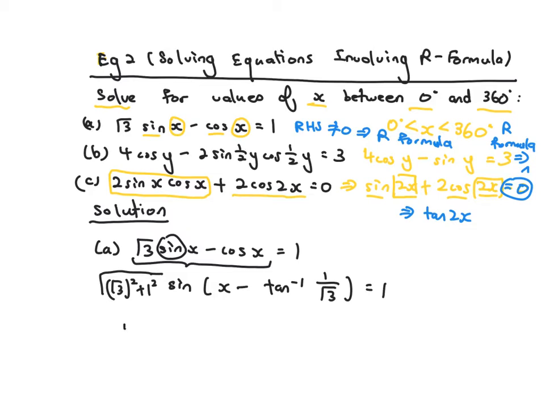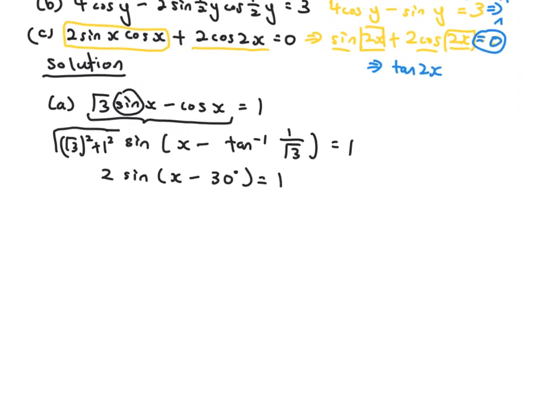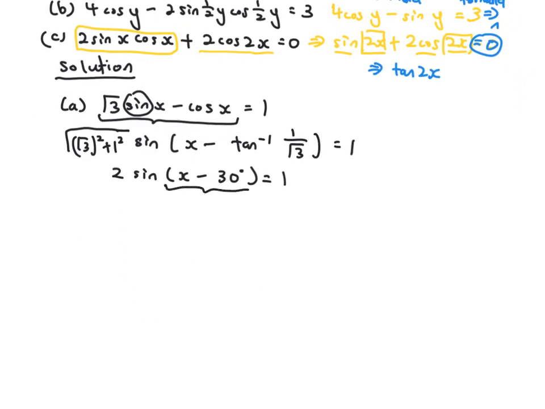Right, so evaluating, here you get 3 plus 1, which is 4. Square root of 4 will give you the answer 2. Tangent inverse of 1 over root 3 will equal 30 degrees. So you can see that here there's a compound angle.